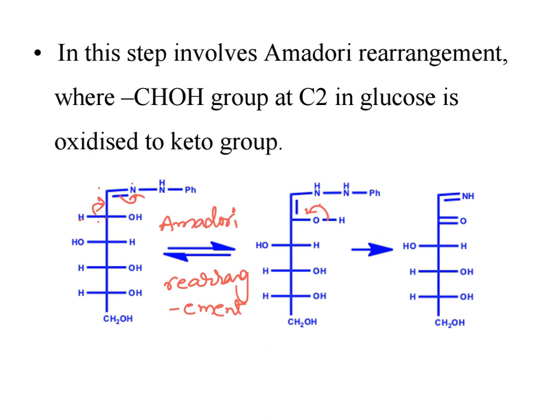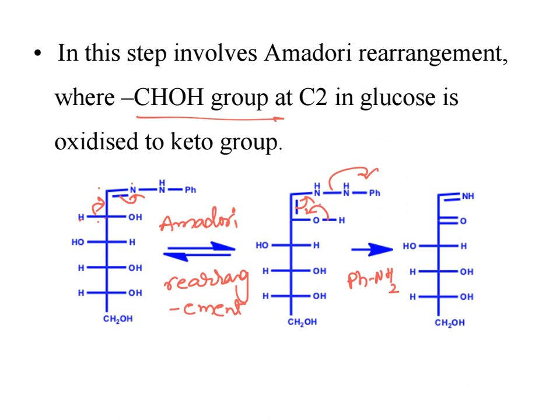This hydrogen gives electrons to this side and migrates, and a molecule of PhNH2, aniline, is eliminated, which forms the imine bond here. At the second position, which is important, the CHO group is oxidized and converted into a keto group.